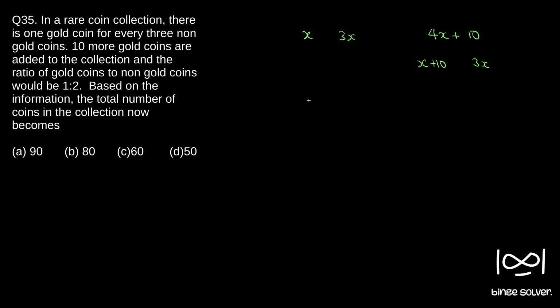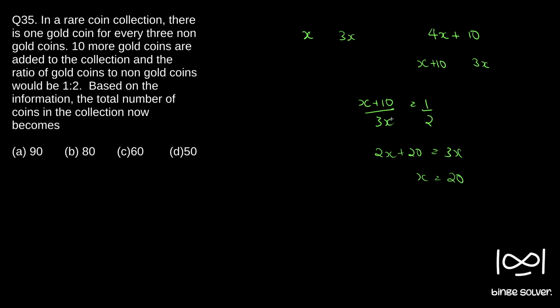And the ratio of gold coins to non-gold coins would be 1:2. So X plus 10 by 3X becomes 1:2. Based on the information, the total number of coins in the collection now becomes. So if you solve for X, you can see 2X plus 20 is equal to 3X, or X is equal to 20.